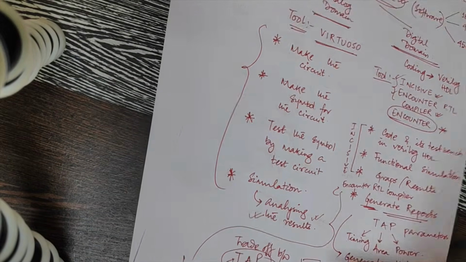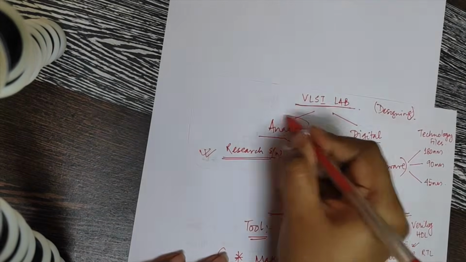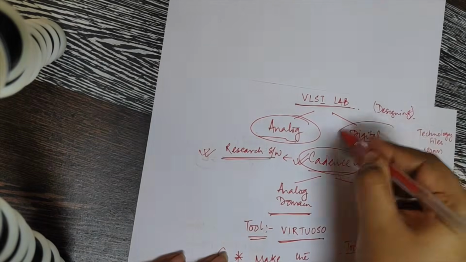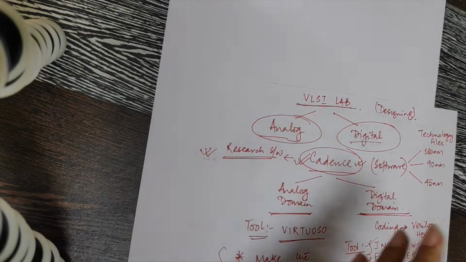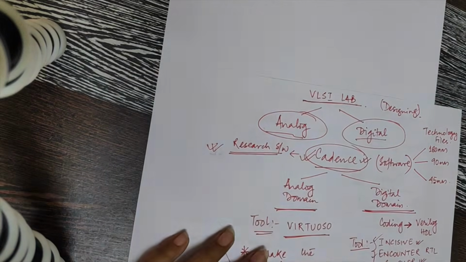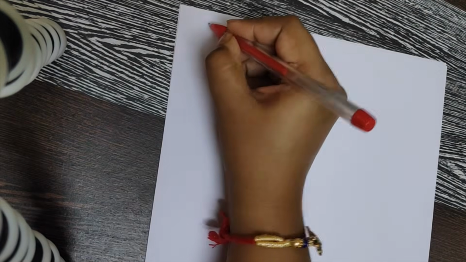First we will be dealing with analog designs, second with digital designs. We'll finish all the analog experiments and then go for the digital design. So the first experiment in analog.